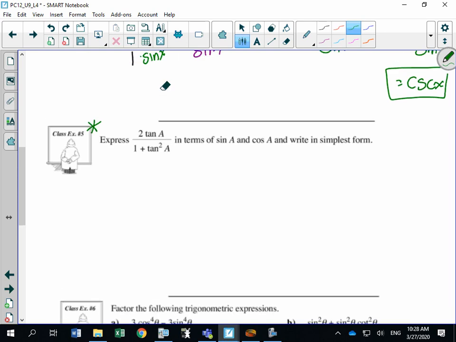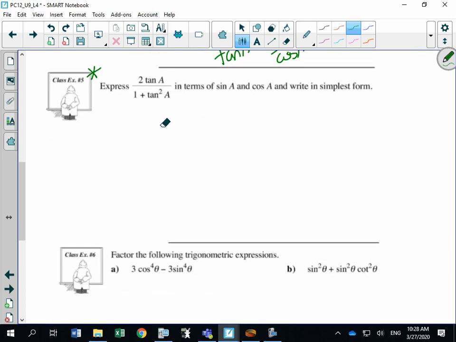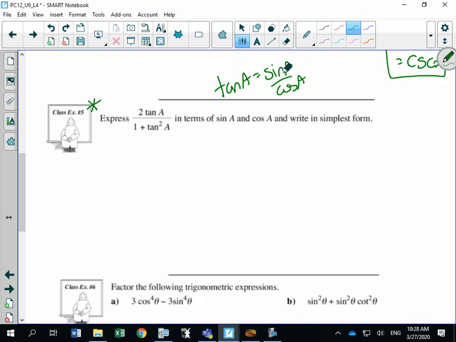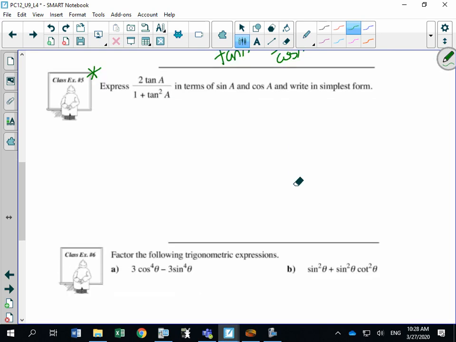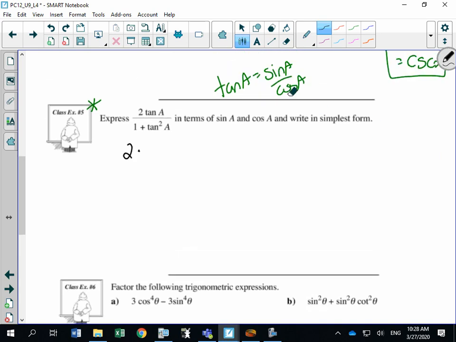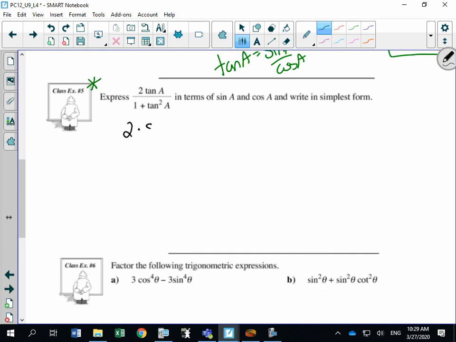If I use the letter A, tan is y over x, but we're not going to use y over x anymore. We're going to say sine A over cos A. So let's express 2 tan A, but we know that tan is sine over cos. So what does this become? That would be 2 times tan, and the identity for tan is sine A over cos A.